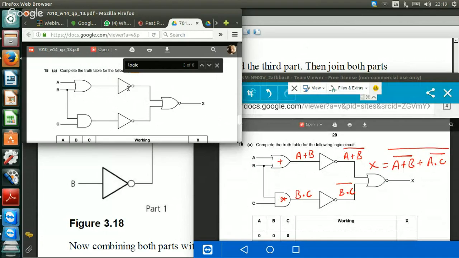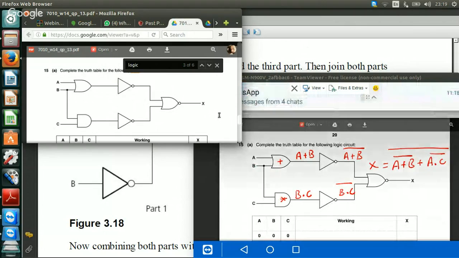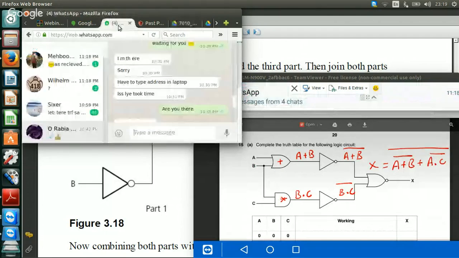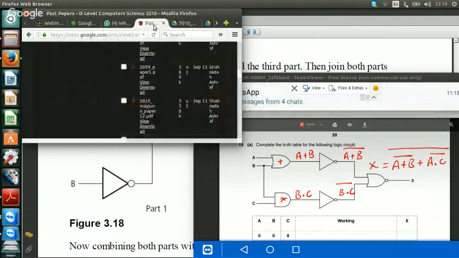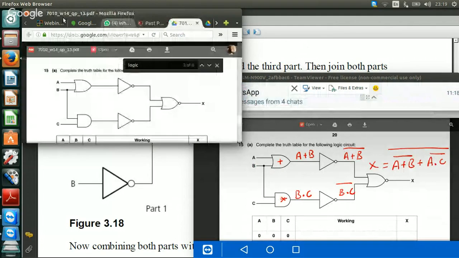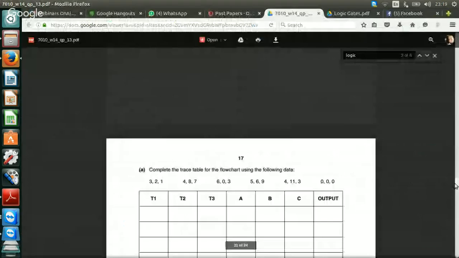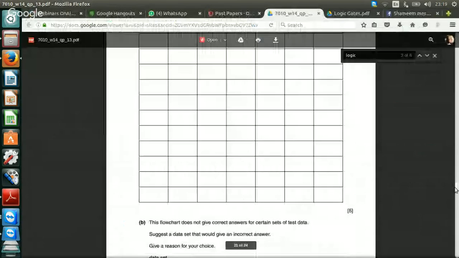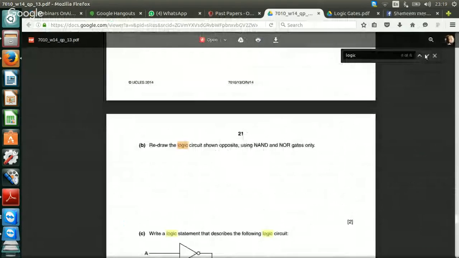This can be a question. Let's continue. Let's find out if we have any other questions there. There are more logic gates. Show that they are opposite using NAND or NOR gates only.